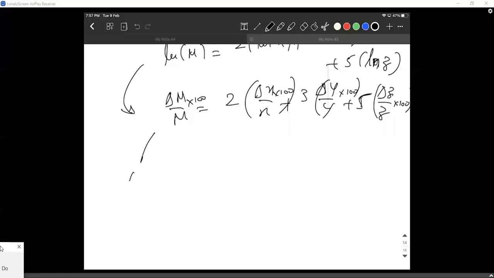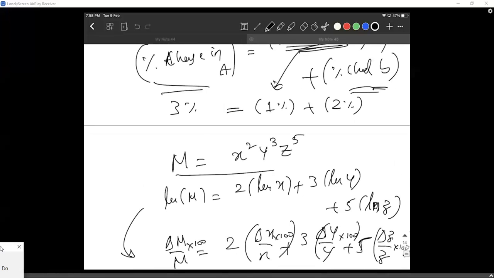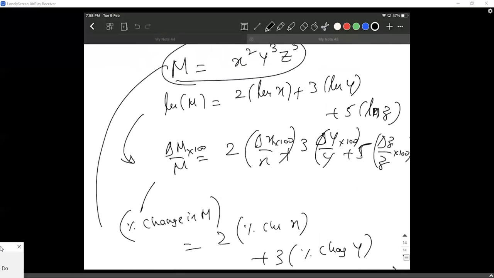We are going to get percentage change in m equals 2 into percentage change in x plus 3 into percentage change in y plus 5 into percentage change in z. You see this from this point to this point.